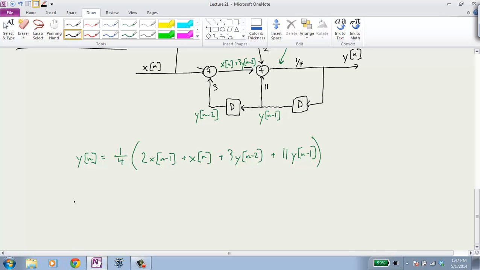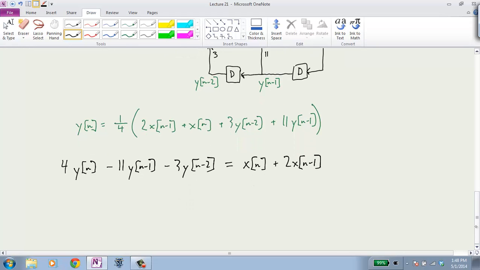So, let's multiply by 4: 4y of n minus 11y of n minus 1 minus 3y of n minus 2 equals x of n plus 2x of n minus 1.